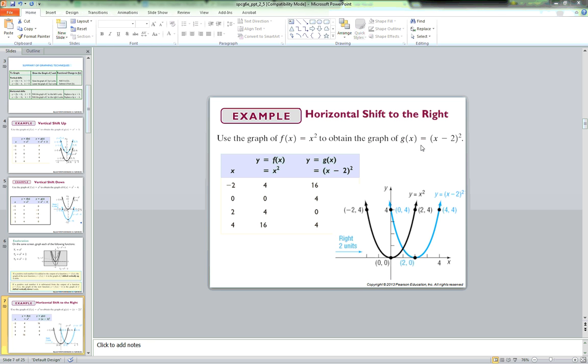If you don't include the parentheses, it is not an inside, you are not replacing the x with the x minus 2. So this will shift us, always opposite when we're talking horizontal, so it'll shift us 2 units to the right. And then let's see how that looks.